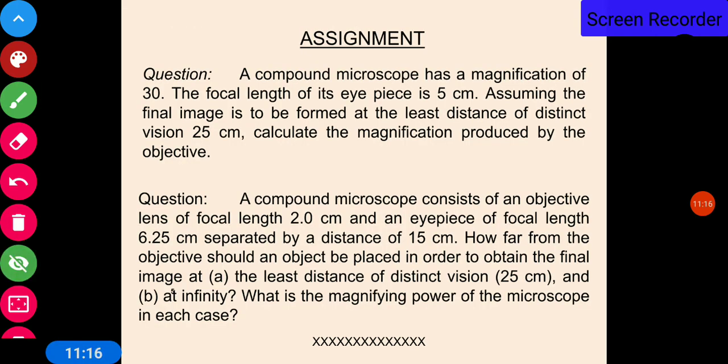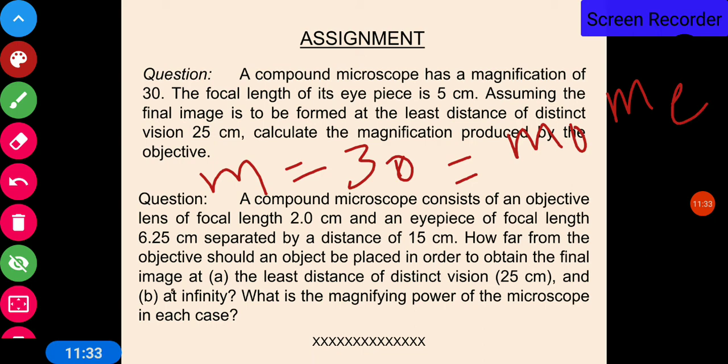These are the two numericals. A compound microscope has a magnification of 30, so this is M. So M is equal to 30, and M is equal to MO into ME. The focal length of its eyepiece is given, FE is equal to 5 centimeter.